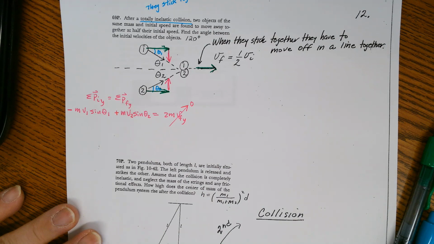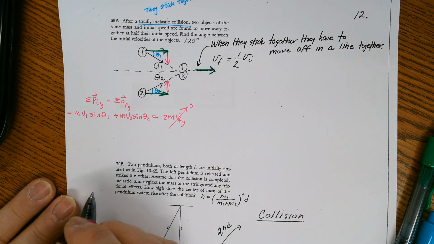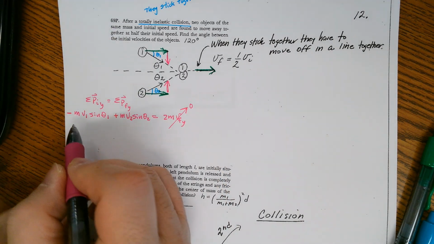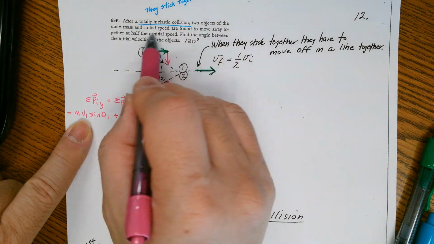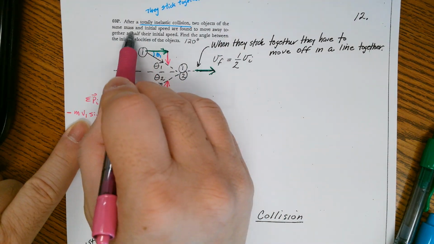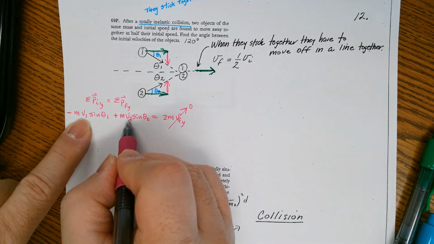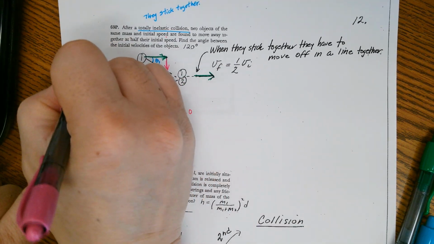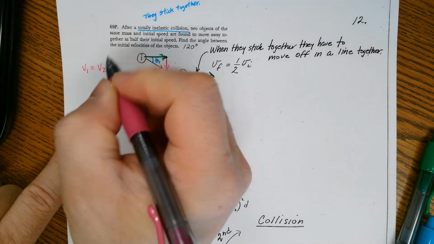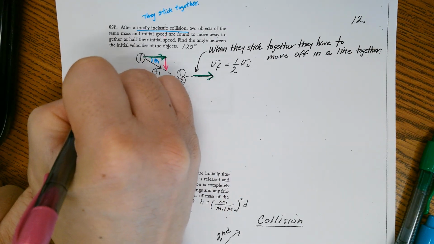So we can conclude that since the two objects have the same mass and initial speed, v1 is equal to v2, and m1 is equal to m2.